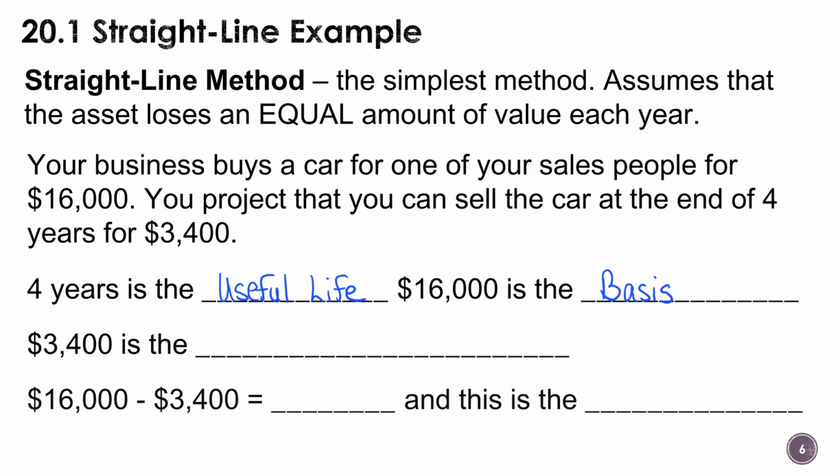The $3,400 is the salvage value, because at the end of the useful life, it will have a salvage value of $3,400. And then we take the $16,000, the original cost of the car, and subtract its salvage value, and that gives us $12,600. And we call this the depreciable basis. Oops, I left out my R.